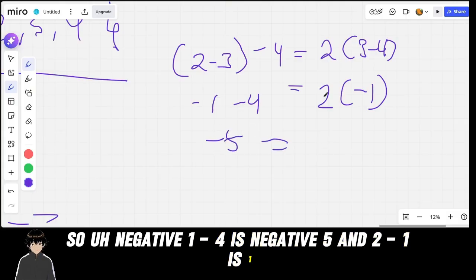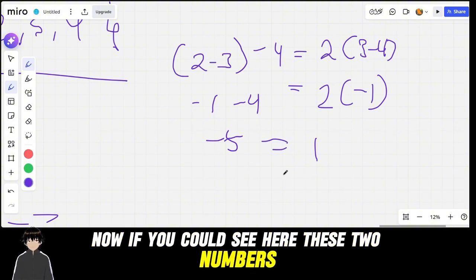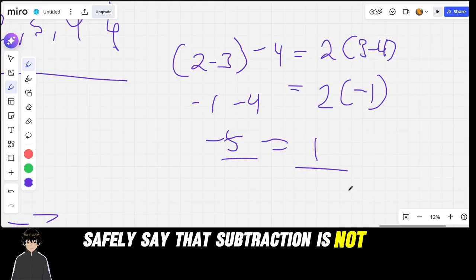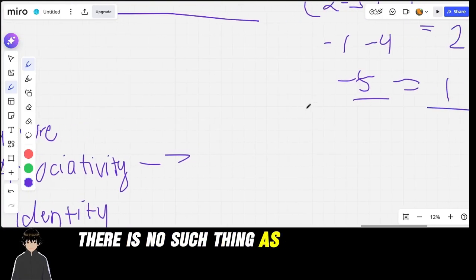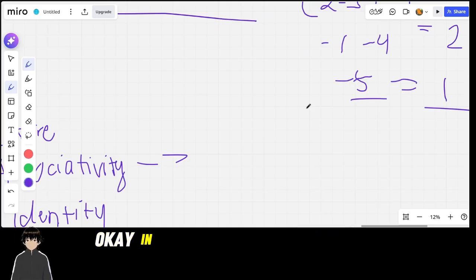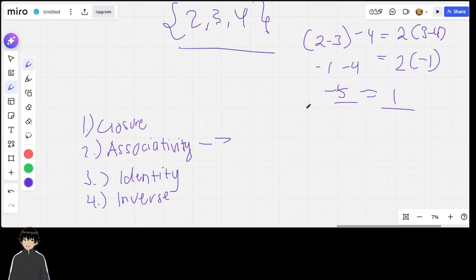On the other side, 3 minus 4 is negative 1, and 2 minus negative 1 is... 1. These two numbers aren't equal to each other. So you can safely say that subtraction is not associative. There is no such thing as subtractive associativity in a group in abstract algebra.